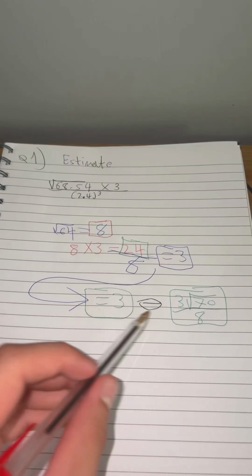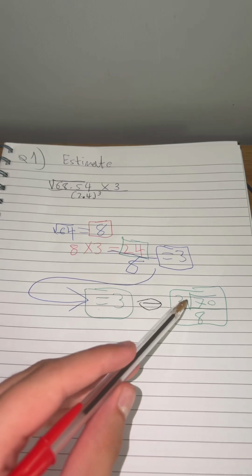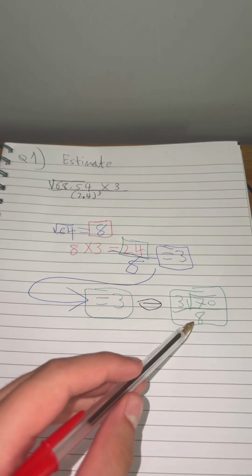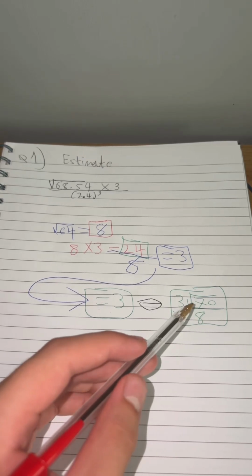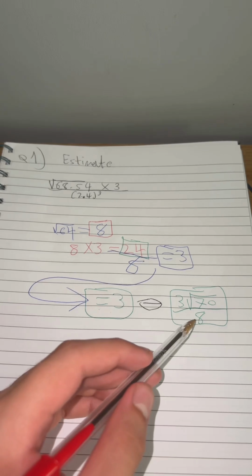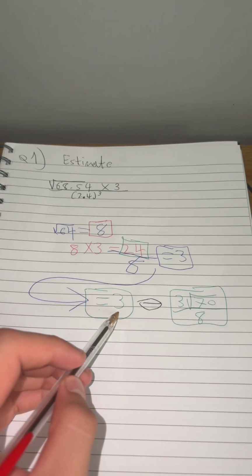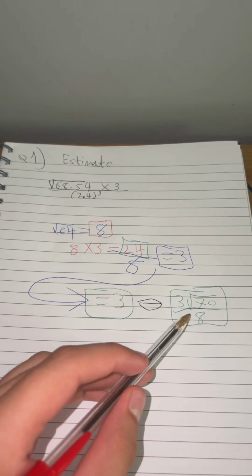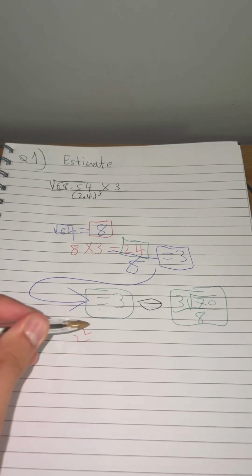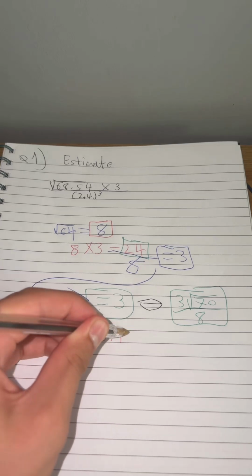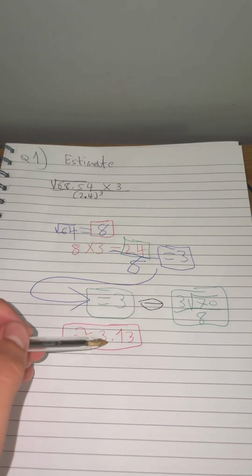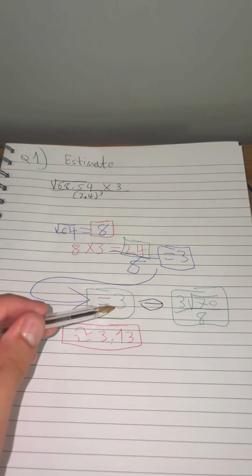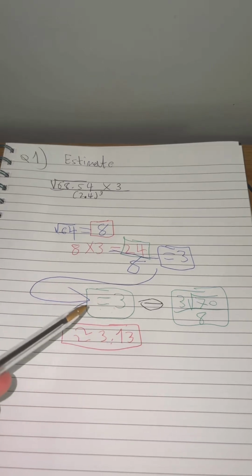Can you see the two differences? 3 square root of 70 all over 8 is more than 3, isn't it? Because if you put this in your calculator, you get approximately 3.13. That is the difference between the estimate and the nearest whole number. Yeah, so that's it.